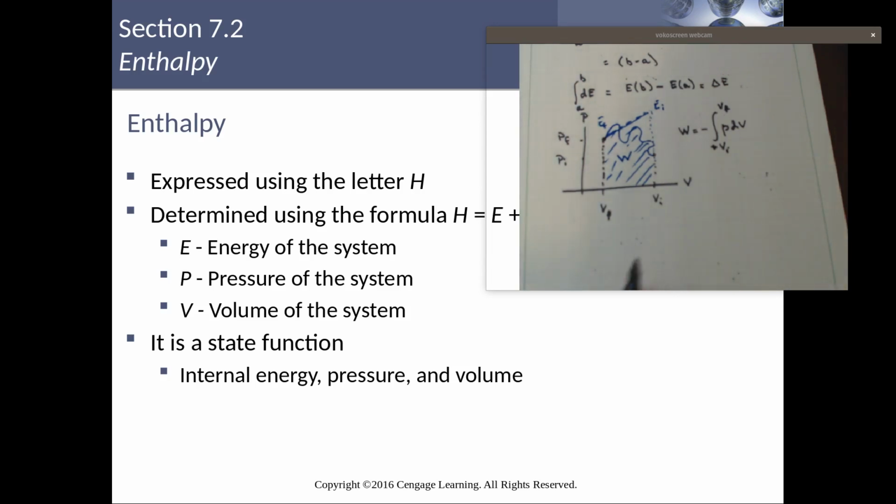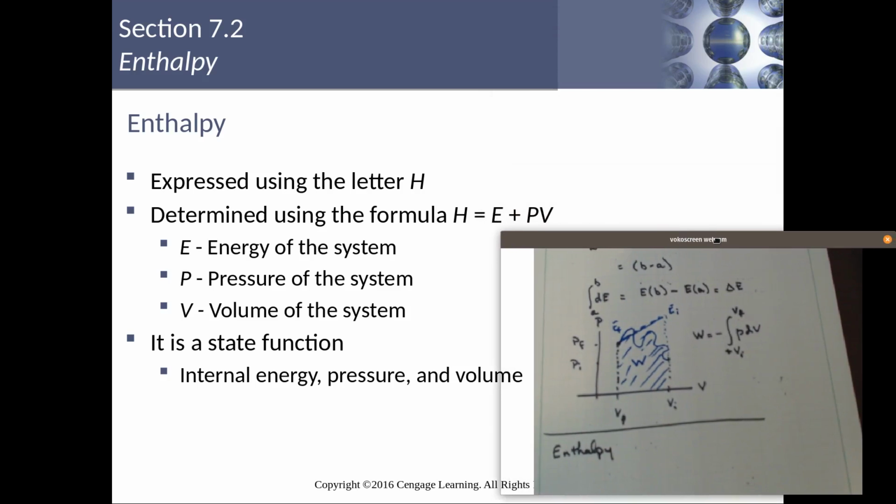And so the enthalpy is something that comes about. The enthalpy is denoted as the letter H, and I'll write this to follow along. H is equal to E plus PV. And you may wonder why are we doing this?